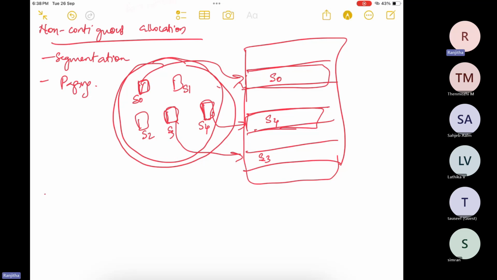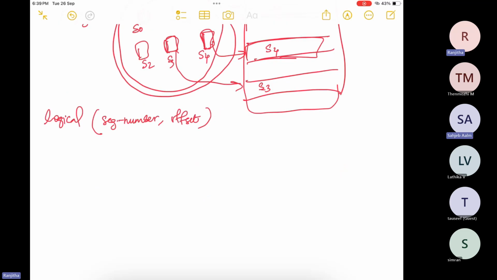As I said, the logical address will be split into segment number, comma, offset. Then this information will be available in the segment table, and we also use what is known as base and limit to ensure that each process accesses only its own segments, and within that limit, it doesn't access the segments of other processes. Okay, so that is a quick summary on segmentation.